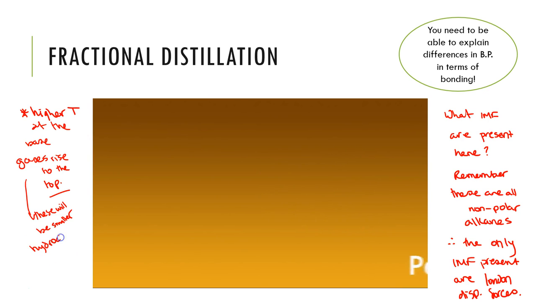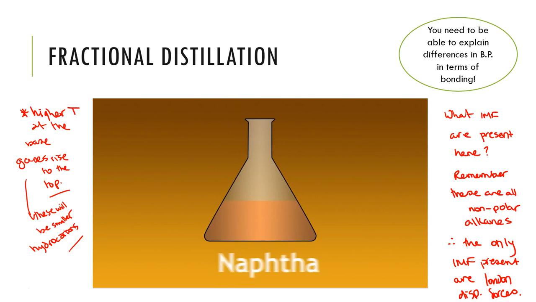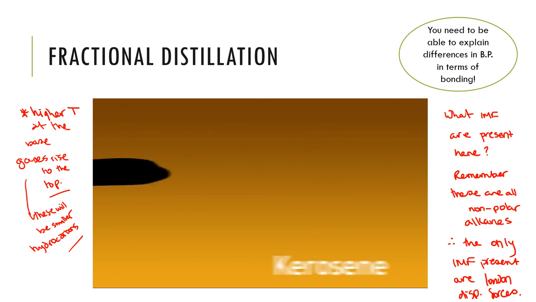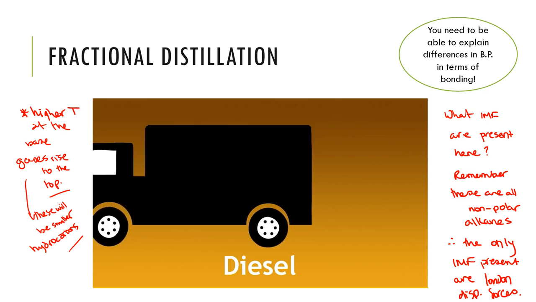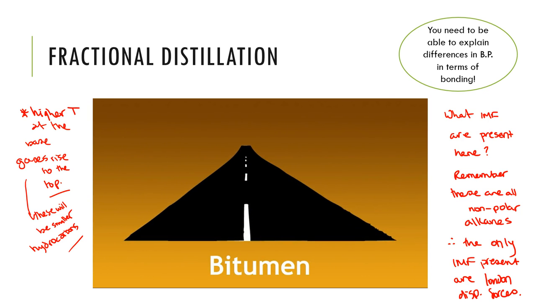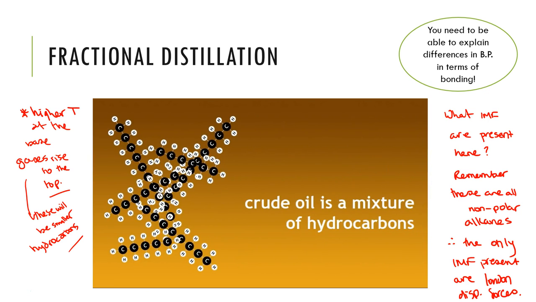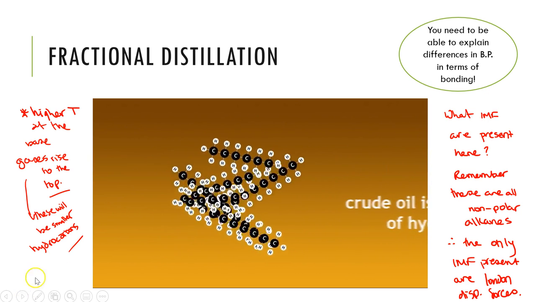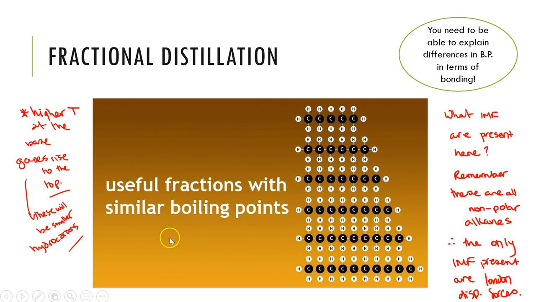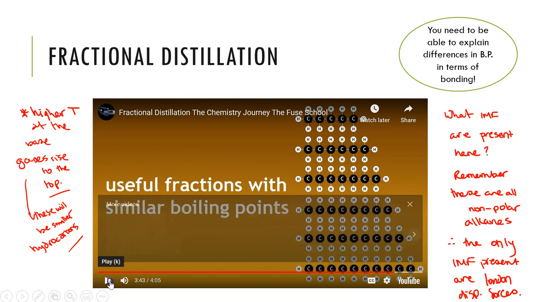Some examples of fractions are petrol, useful as a fuel for cars, naphtha, used in the manufacture of chemicals, kerosene as aircraft fuel, diesel oil, used as fuels for vans, cars and lorries, and bitumen, a mixture of large chain hydrocarbons used to lay roads. Now, at the end of this video, you should understand that crude oil is a mixture of important hydrocarbons, and that fractional distillation is the method used to separate crude oil into useful fractions with similar boiling points.